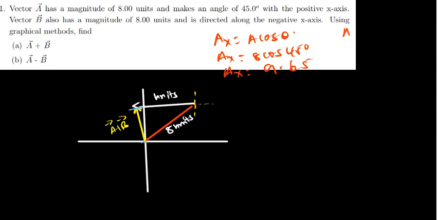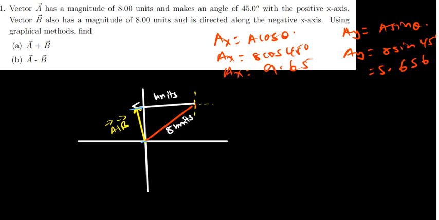Then what of Ay? Ay is going to be, our A is 8, sine 45 degrees. 5.656.